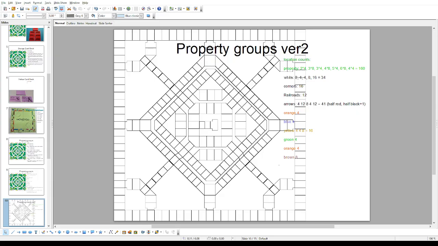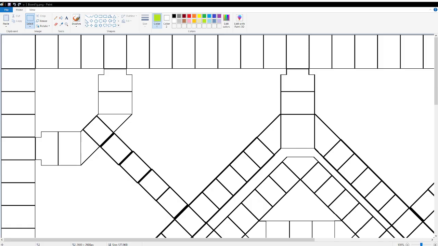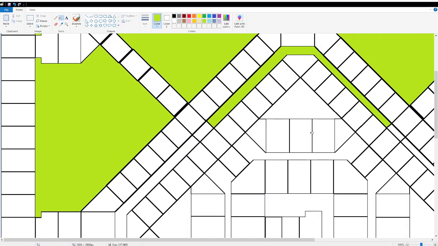Alrighty then. Well, so let's switch over to paint. Okay. Oh, right. I need to switch in the... There we go. All right, so I'm going to have to add more to this later, but I'm going to start off by taking all of the non-board space and coloring it green.